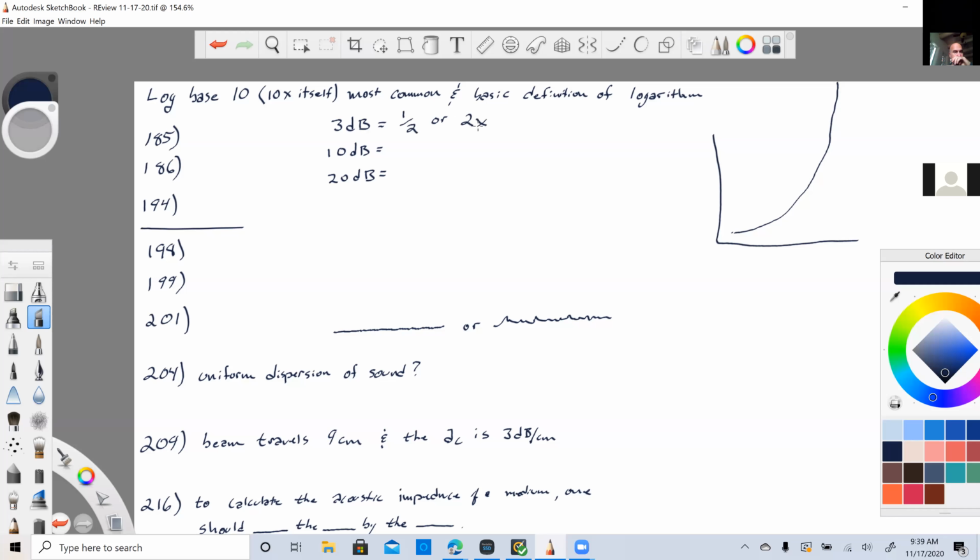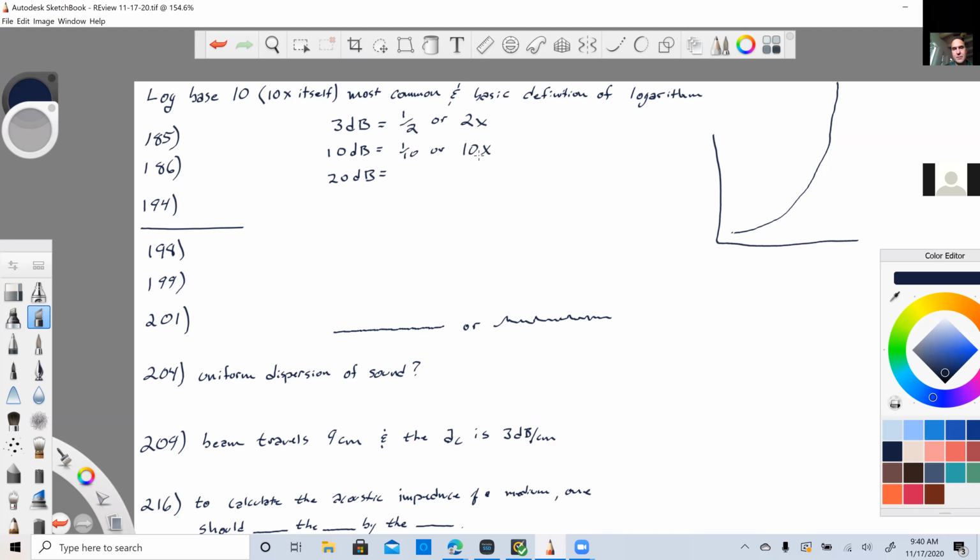And then you should memorize 10. 10 is actually 10. That seems a little obvious to say, but when you're looking at 3 being half, it's like, what does that even mean? Well, 10 is actually either 1/10 or 10 times.